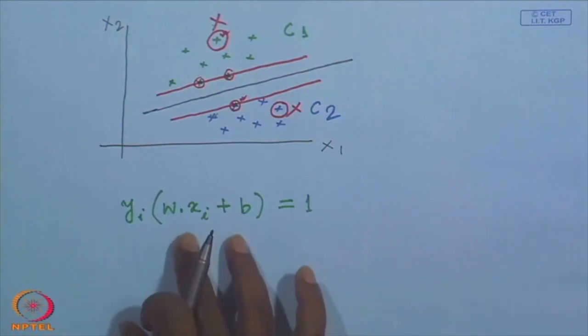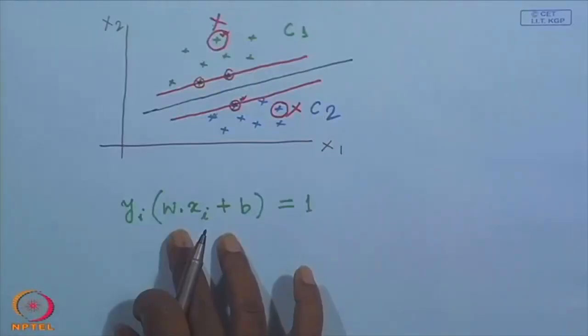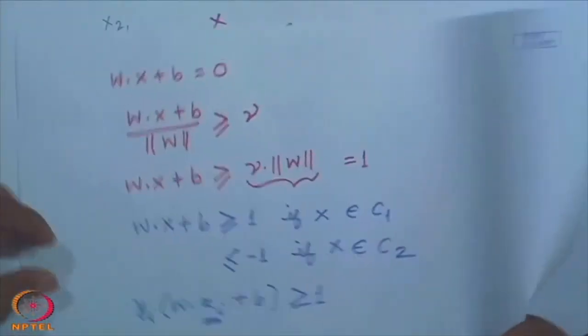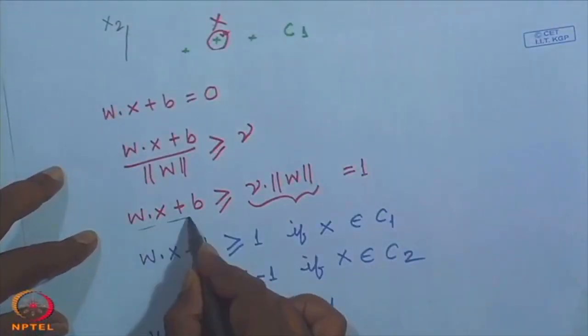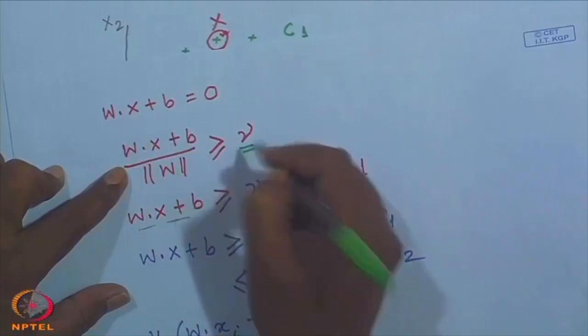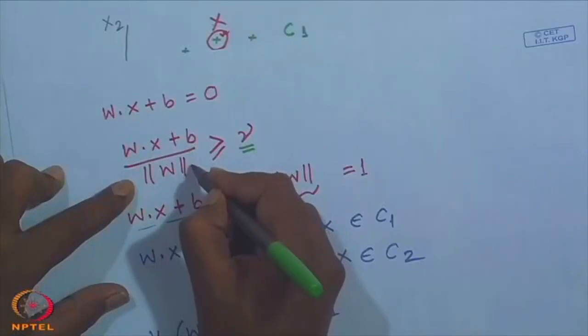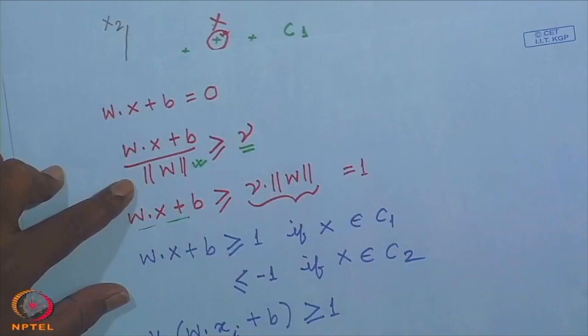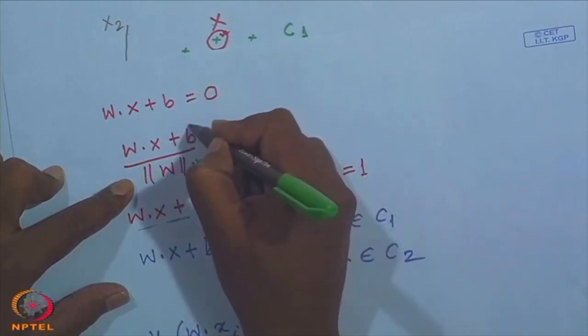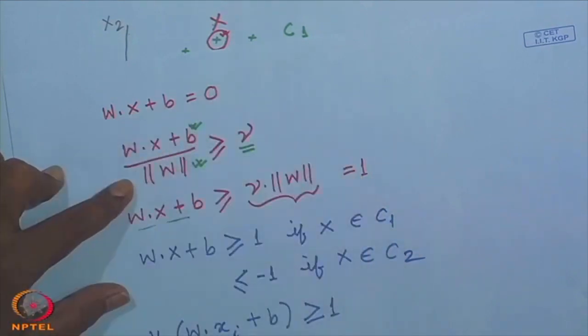This is a factor which has to be used for designing my support vector machine, and I want to maximize this. I want this distance, the margin, to be as large as possible, which can be done from this expression by minimization of mod of w, and at the same time by maximization of the bias b.